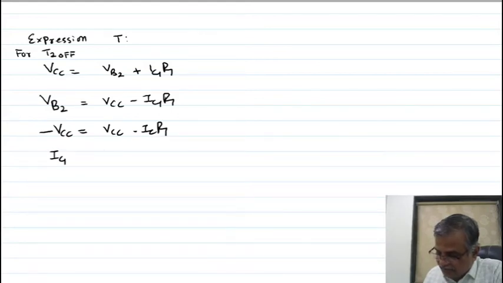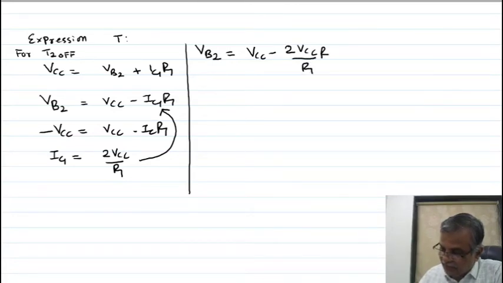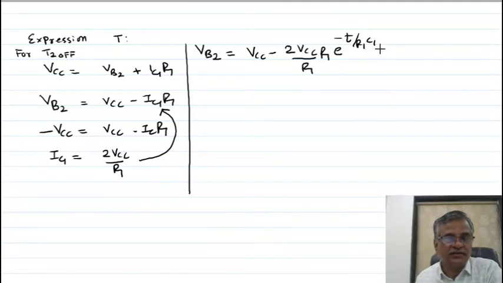So I can write IC1 is nothing but 2 VCC by R1, and the remaining equation: VB2 is nothing but VCC minus 2 VCC upon R1, and your current is changing exponentially, so I am using an exponential term, e raised to minus t over R1 C1.